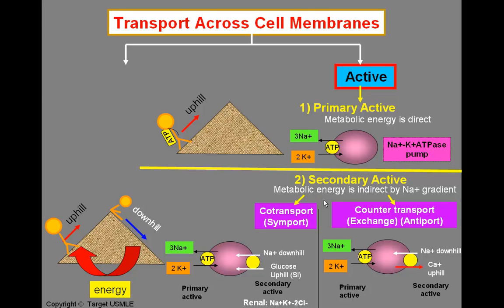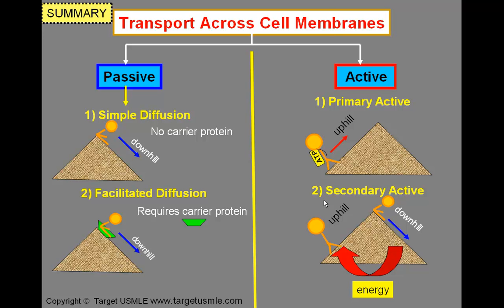So, to summarize, we have passive transport, simple diffusion, and facilitated diffusion. Simple diffusion does not use the carrier protein, whereas facilitated diffusion requires a carrier protein. Both of them don't require ATP, and the solute is moving downhill, that is along a concentration gradient.